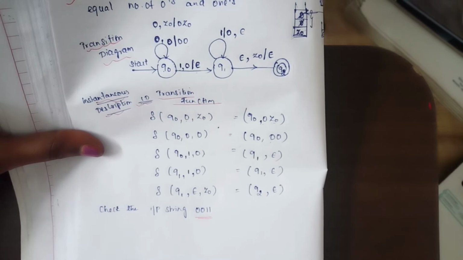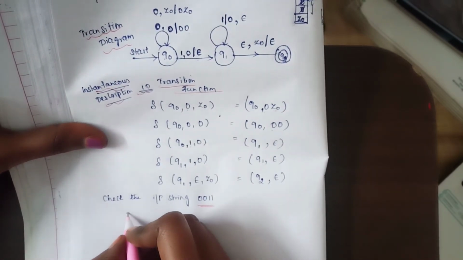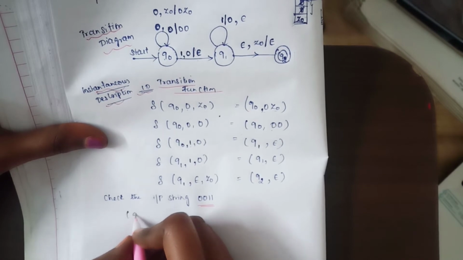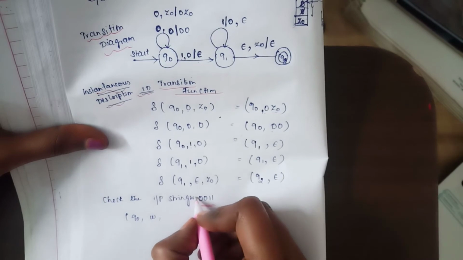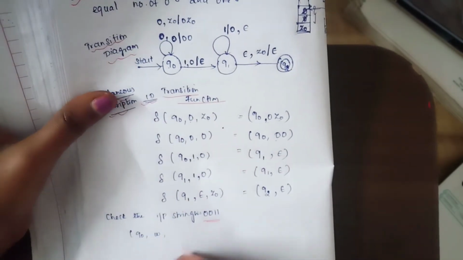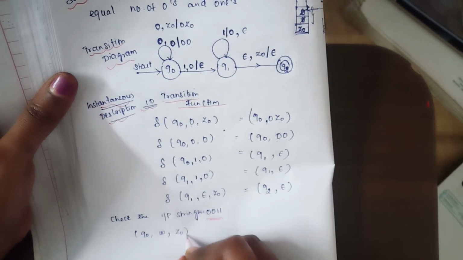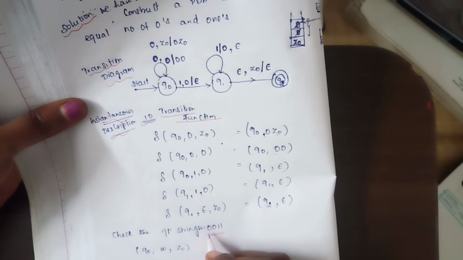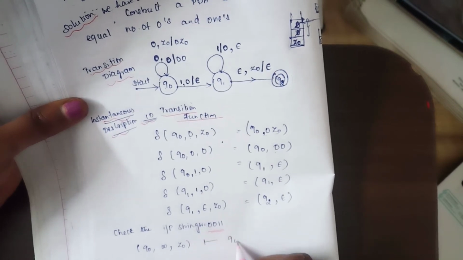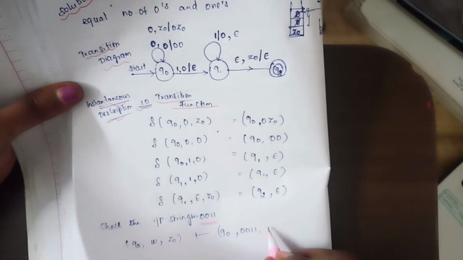So for checking the input string, we'll have q0 w, where w is equal to 0 0 1 1. So q0 w comma z0, or equivalently, q0 0 0 1 1, and we'll have z0.